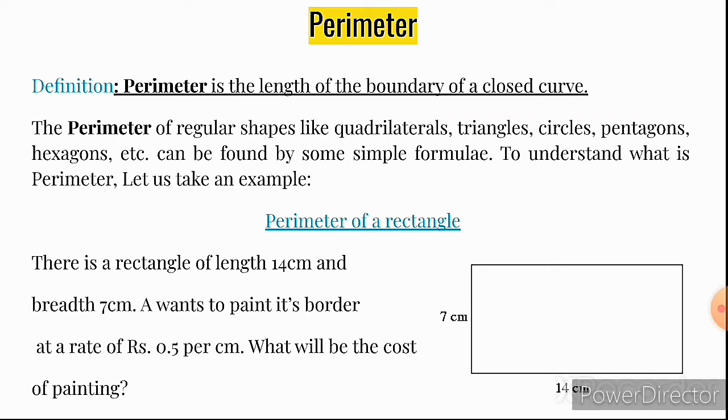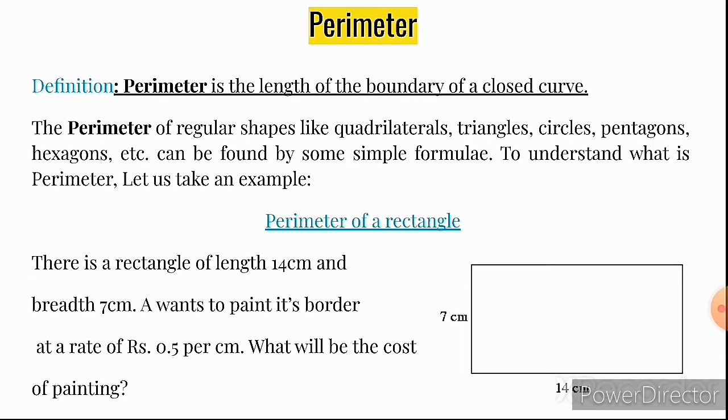So perimeter is the length of the boundary of a closed curve. The perimeter of regular shapes like quadrilaterals, triangles, circles, pentagons, hexagons, etc. can be found by some simple formula, a few of which we are going to derive in the next few minutes. To understand what perimeter is, let's take an example.